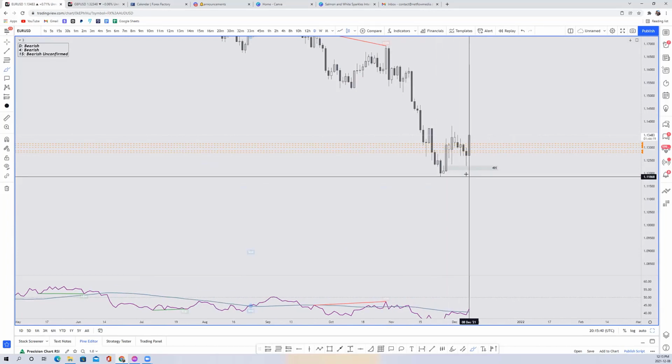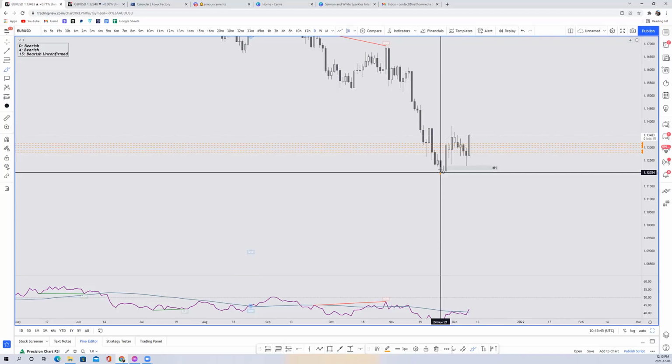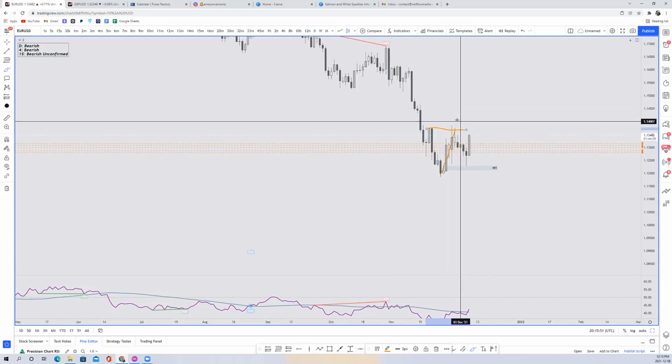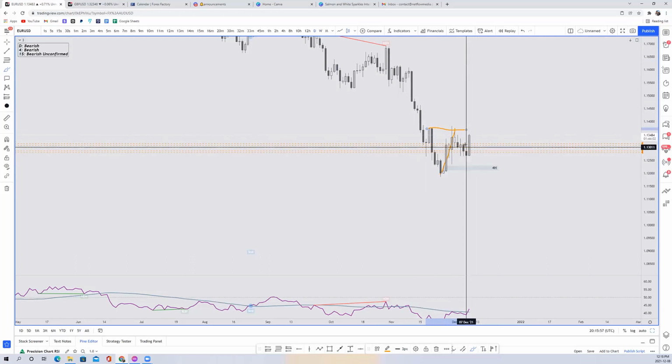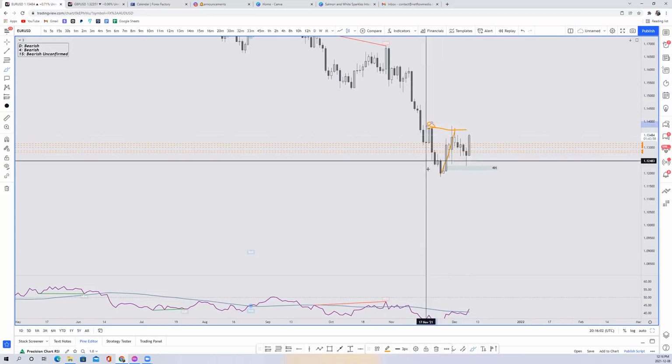The only thing I use daily for is to know when the 4-hour trend's likely to end. So when we were coming up here on the daily, and this was the daily high, I expected Euro to turn bearish again. The reason is I didn't expect the daily trend to change with no pullback. I'm not saying it can't. I just expected it to retrace after wiping this liquidity.